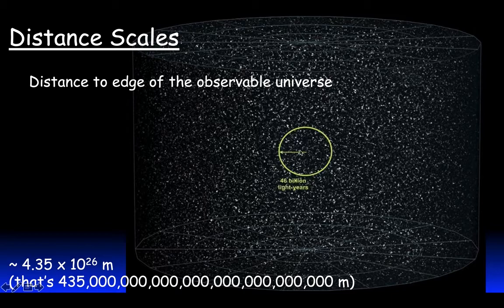And it is just now reaching us. There very well are galaxies and stars and planets and other things out here, but traveling at the speed of light, they are just so far away that they were not able to reach the Earth yet. So it's not that they're not out there. The age of the universe just isn't enough for that light to have reached us yet. So this is what we mean by the distance to the edge of the observable universe.